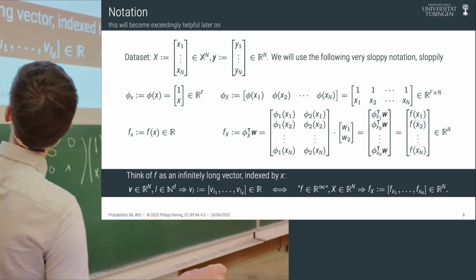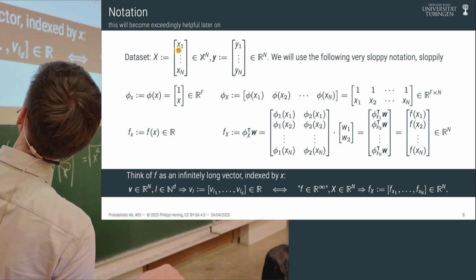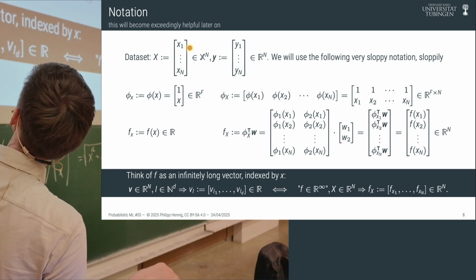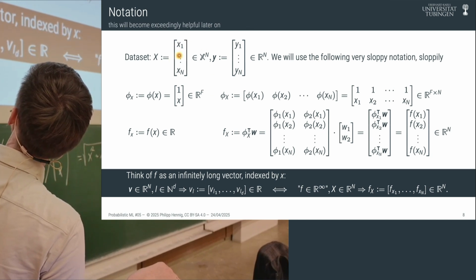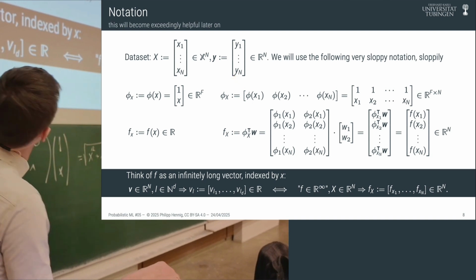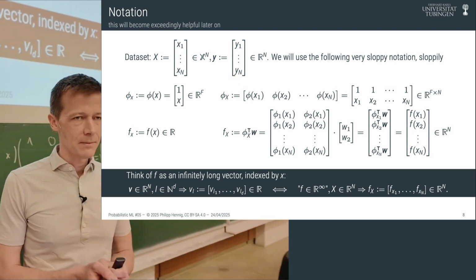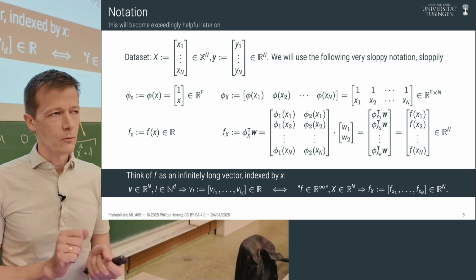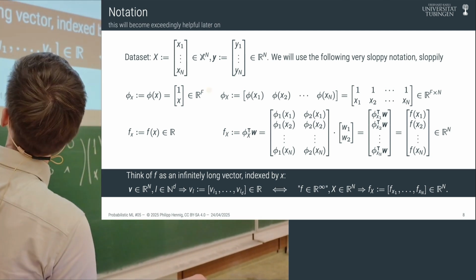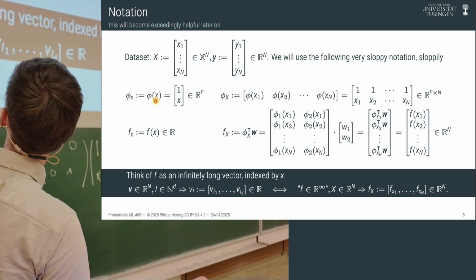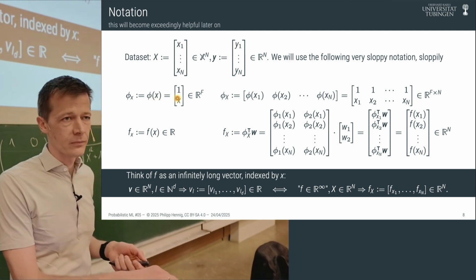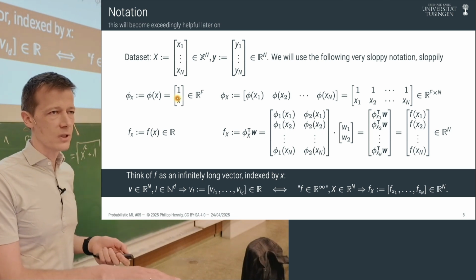So what I'm doing is I have a data set that consists of pairs of x and y's. And I'll put them into a stack, right? So one vector of x's, one vector of y's. Now I want to describe a function that maps from x to y. And the way we do that is to create features, phi of x, which are functions that take in an x and then they return a vector themselves. But of course, I don't just want to do that for a single value x.